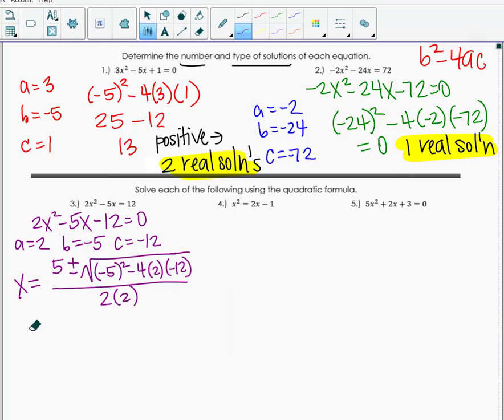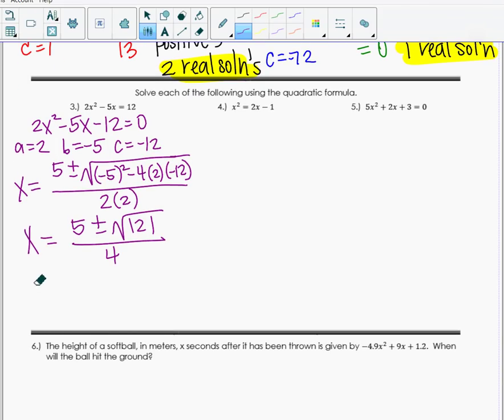So I have x equals 5 plus or minus the square root of 121 all over 2 times 2, which is 4. Well, in this case, the square root of 121 is 11. So you have 5 plus or minus 11 over 4. Remember, you guys, that plus or minus means you have 2 answers.